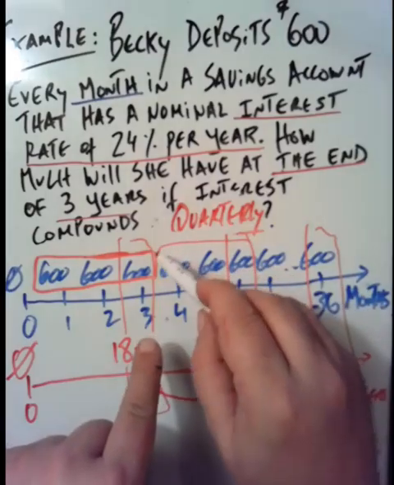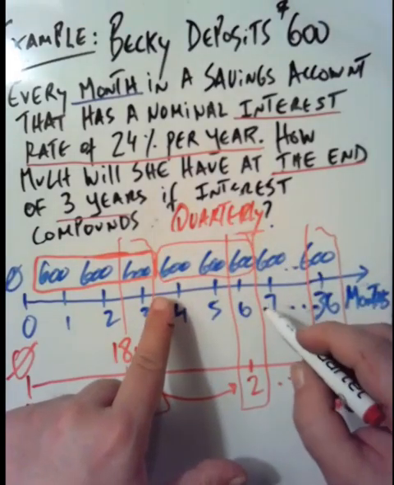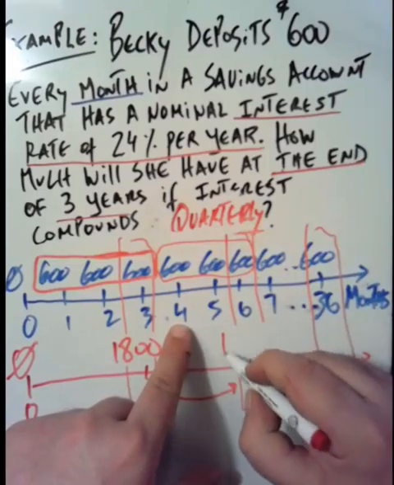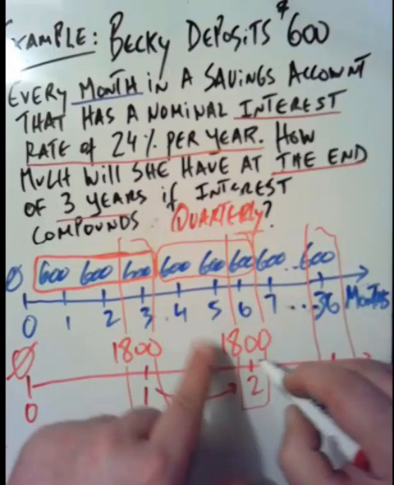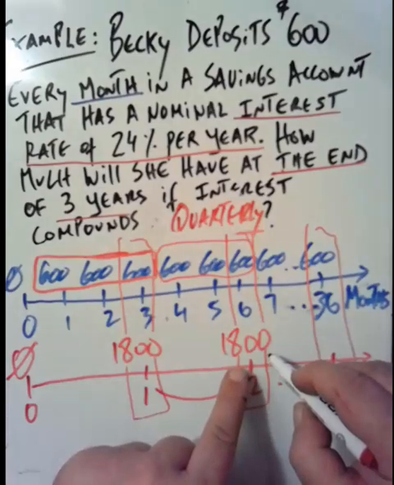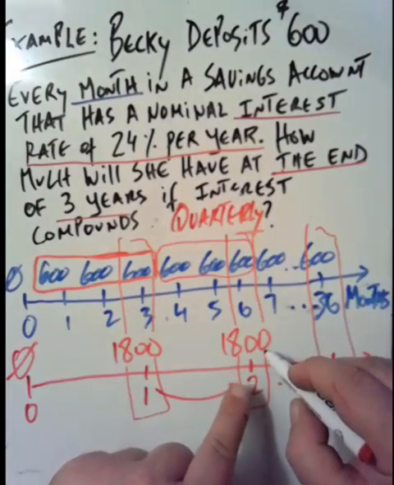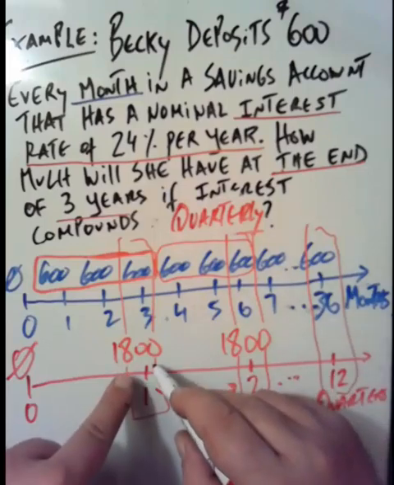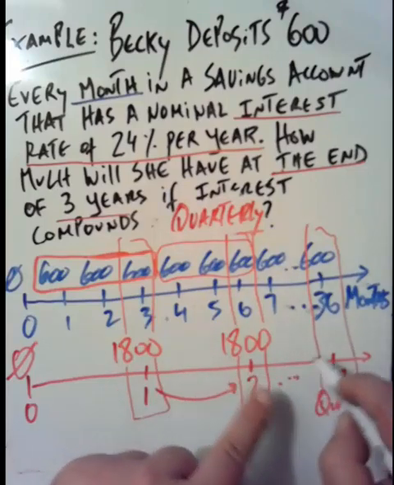So at the end of the second quarter, there's going to be a new amount of cash flow deposited, aggregating to $1,800. So we can say that at the end of every quarter, there is an annuity of $1,800.